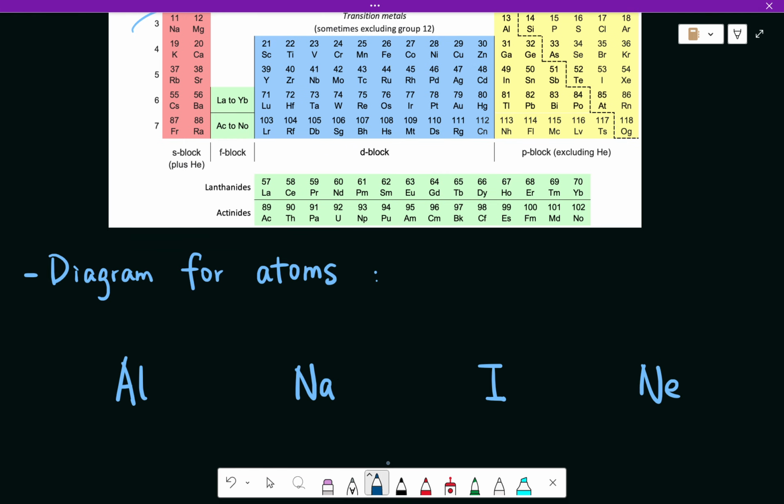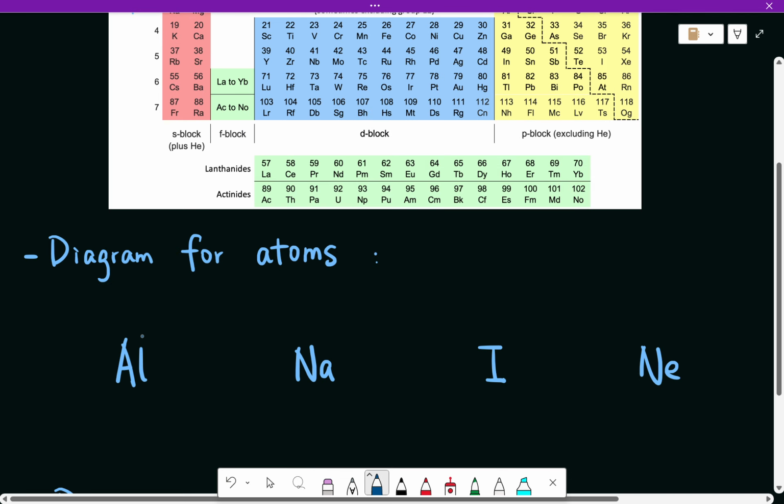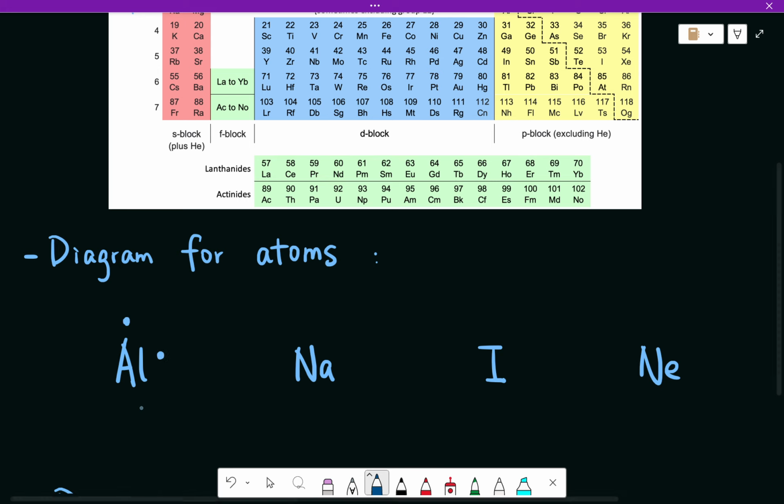So we can draw these three valence shell electrons like this. We start from the top and we go clockwise. First valence shell electron, second electron, and third electron. So this tells us that aluminum has three valence shell electrons.